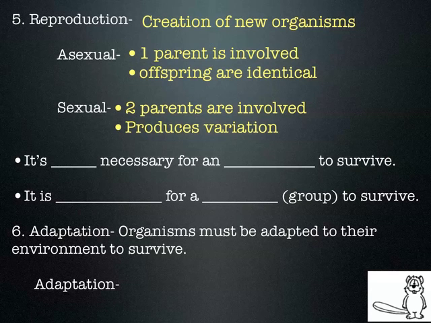Pollen that you might be allergic to floats through the air in the spring, it covers your car. Pollen is the male reproductive cell from a plant. It floats through the air and it fertilizes a small egg cell in the plant. And those genes combine and you end up with offspring, with seeds. And they will reproduce sexually. There's going to be some variation there.